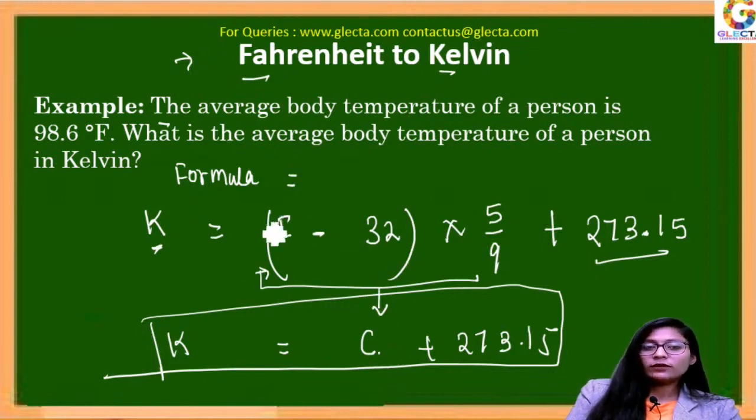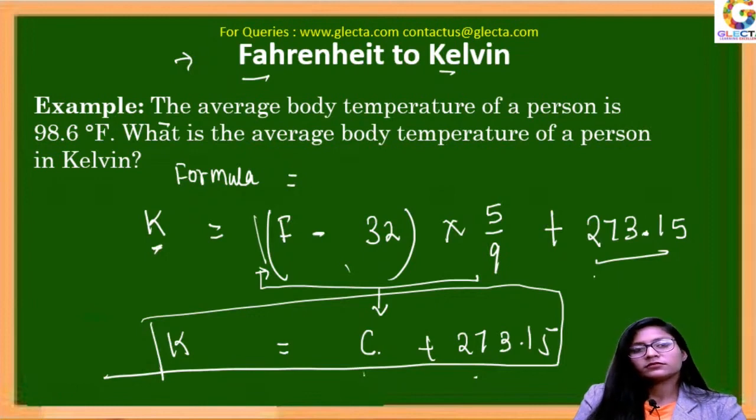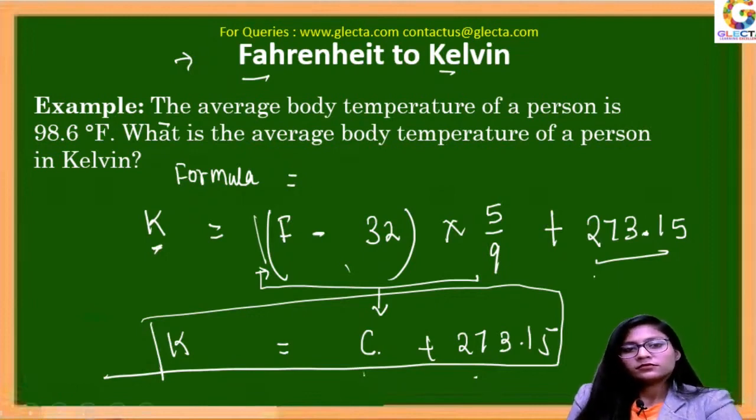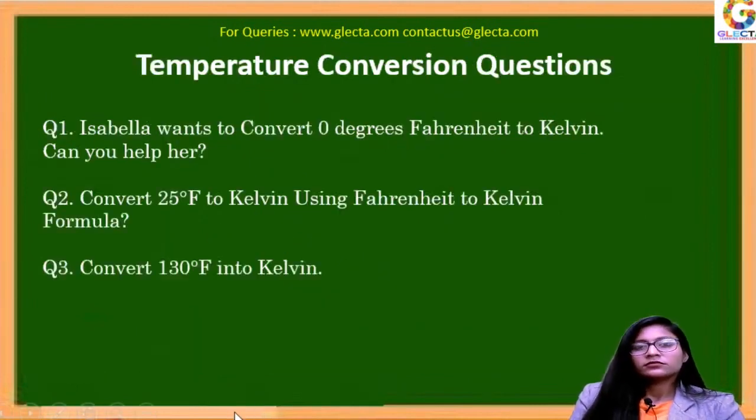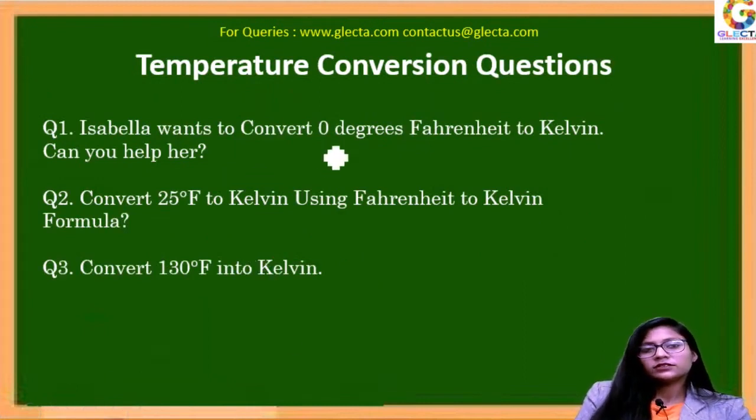That's why we are writing these two formulas here. One is this one and the other one is this one. Then you will calculate this question easily. Try to solve this question right now. Yes. Try to solve this one as well.